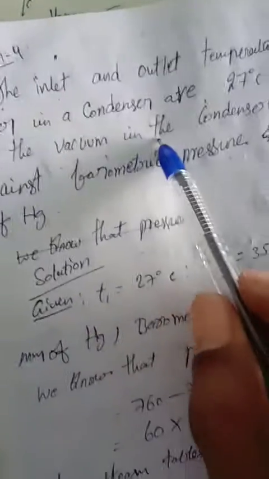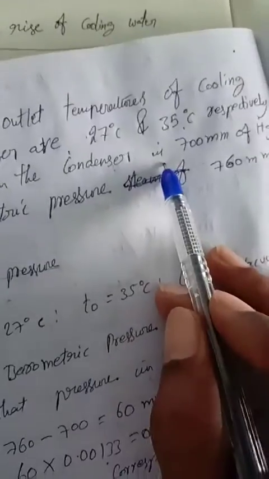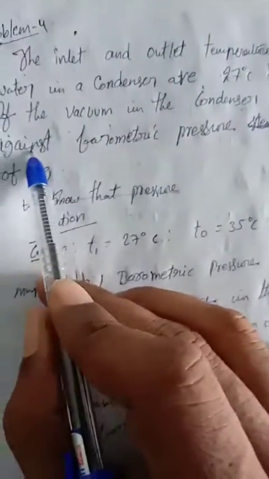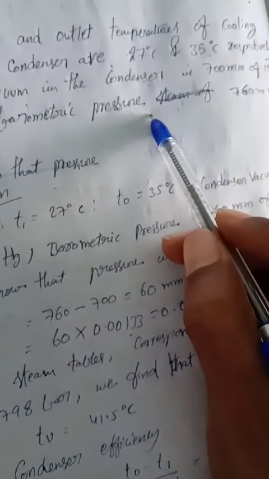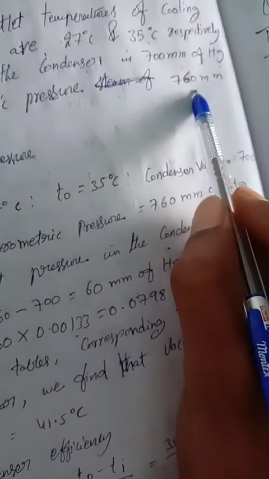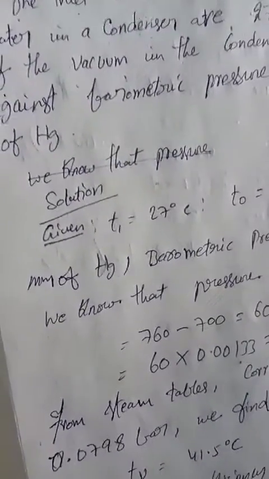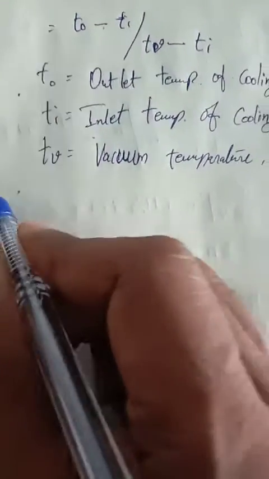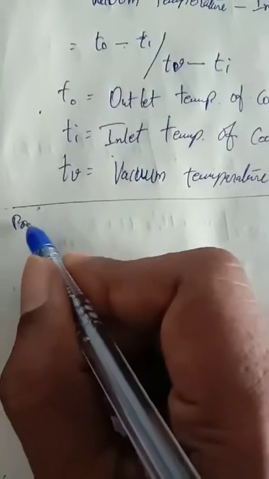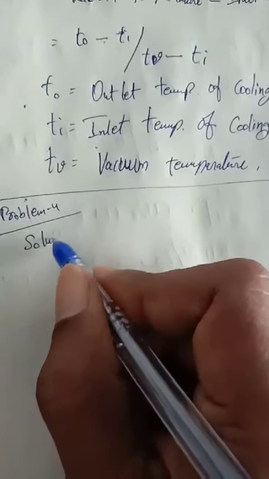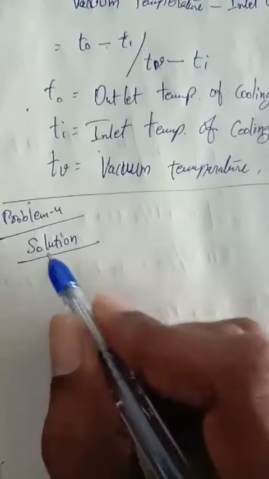If the vacuum in the condenser is 700 mm of Hg against barometric pressure 760 mm of Hg. Okay, this is the given problem. So now we are going to see how to solve this one. This is problem number 4 and solution.